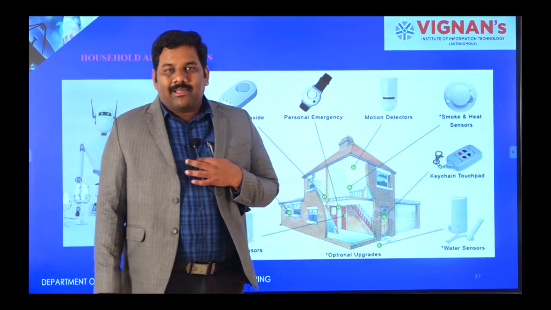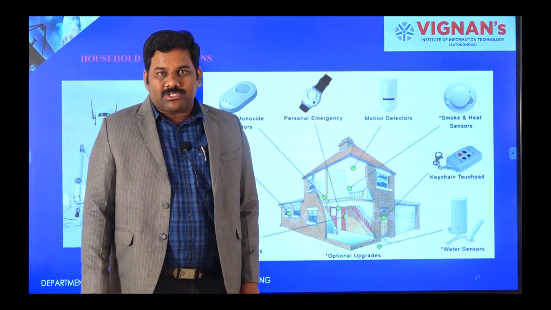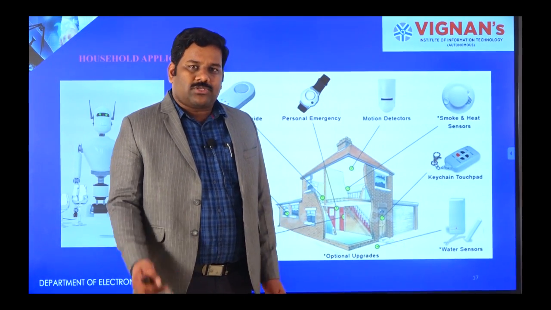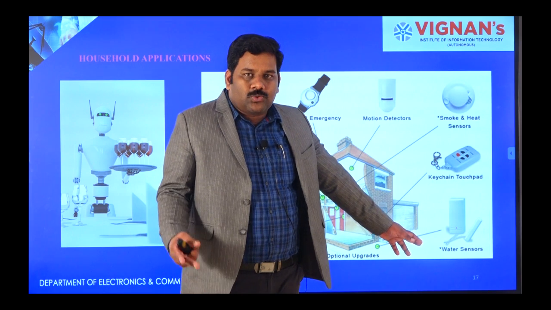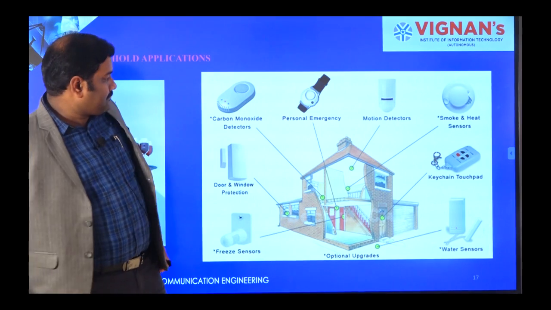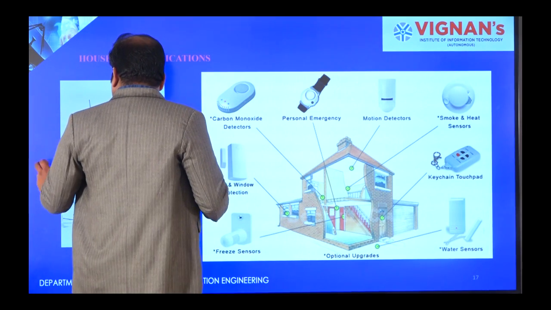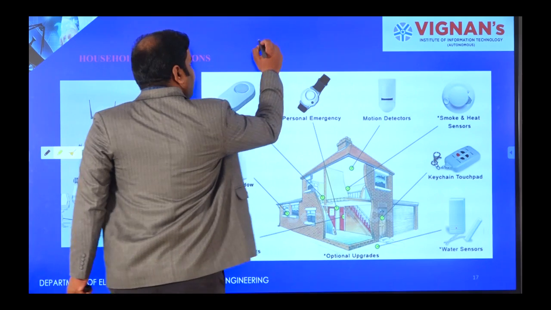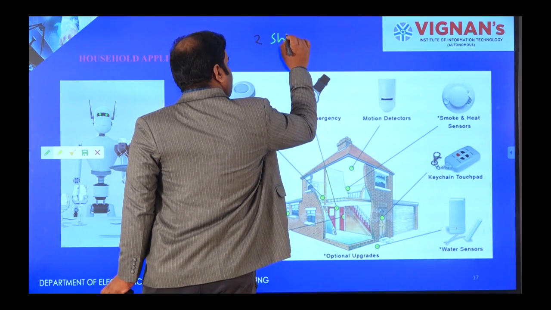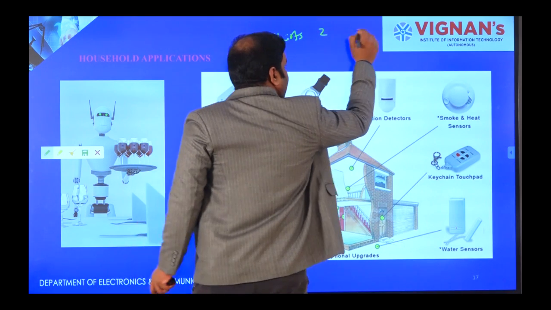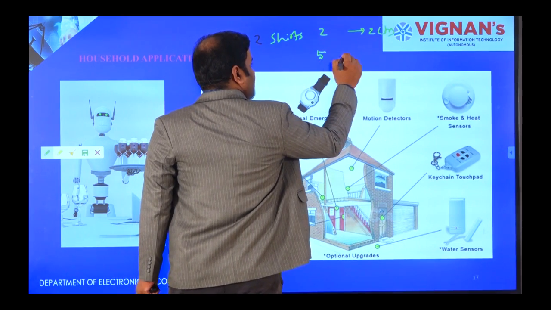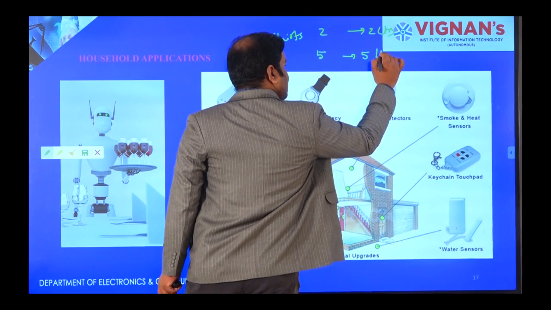For example, I am giving only 2 shirts to wash in one washing machine. Then it will take the amount of water, let's suppose 2 liters is enough to wash 2 shirts. If I have given 5 shirts, I may go for 5 liters.